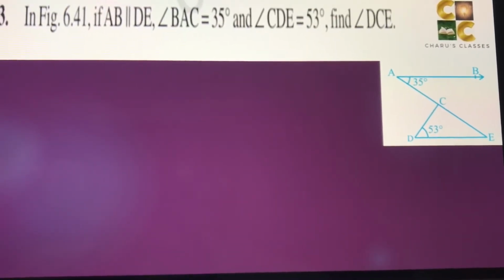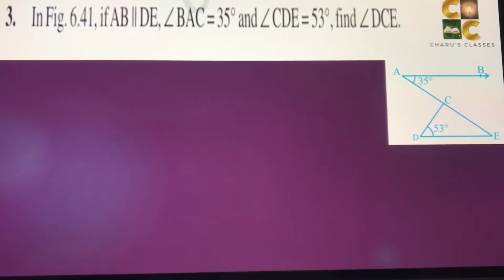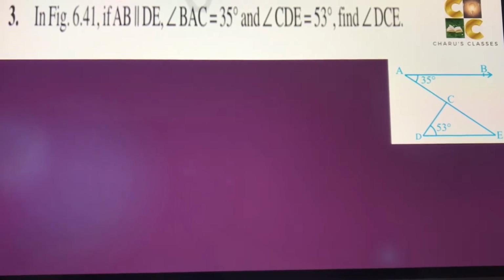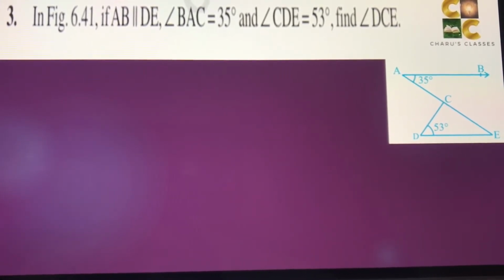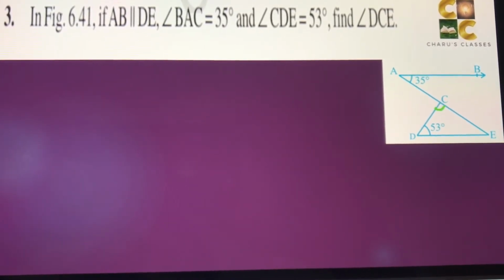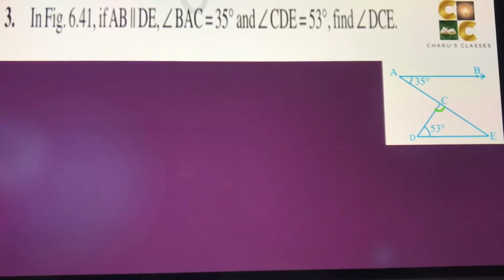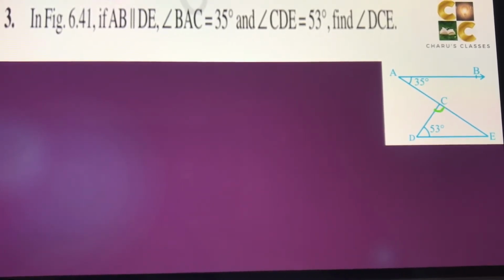Question number 3. In figure 6.41, if AB is parallel to DE and angle BAC is 35, angle CDE is 53, find angle DCE. So this is the angle DCE, which we have to find out. Now in this case, AB is given parallel to DE.